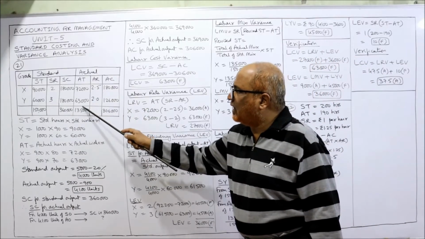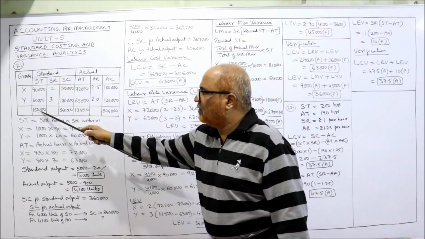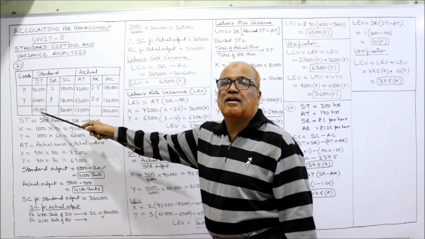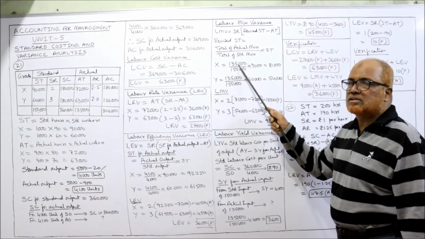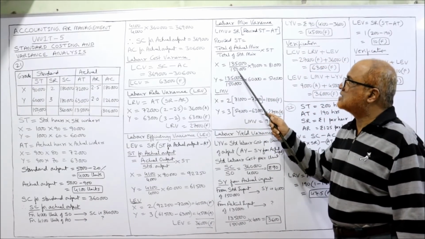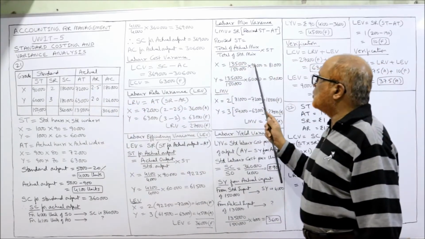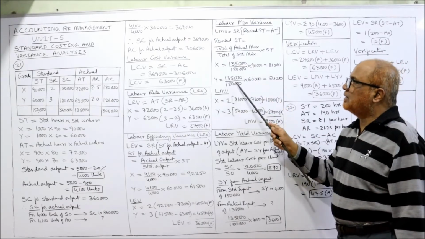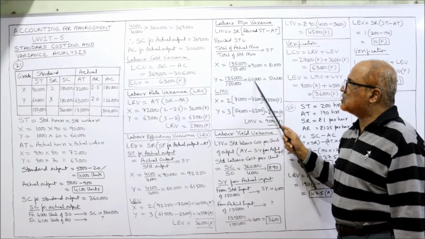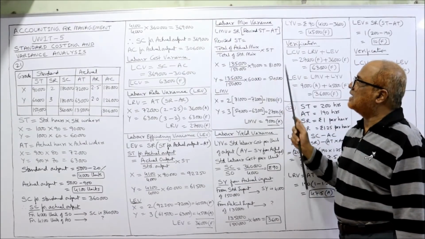This actual time, 1,35,000 is the total of actual mix, and 1,50,000 is the total of standard mix. So 1,35,000 by 1,50,000 into standard time. Standard time is 90,000. So we got 81,000. This is the revised standard time. Similarly, 1,35,000 by 1,50,000 into 60,000, 54,000. This is the revised standard time.